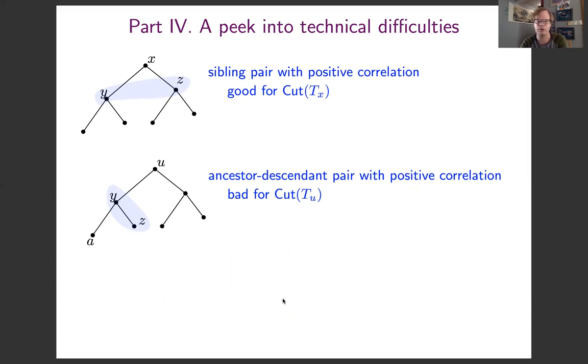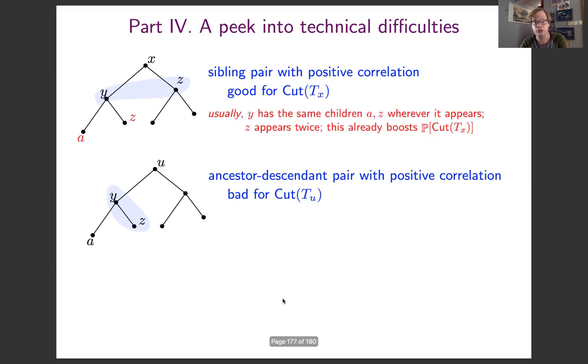So now you have to argue: what are the kids of Y in the top tree? And usually they should be the same as in the bottom tree. And if that happens, you see in the top tree, Z appears twice, and this alone boosts the cut probability.